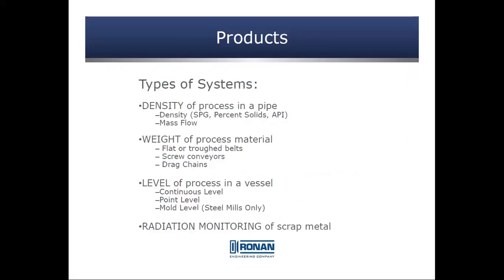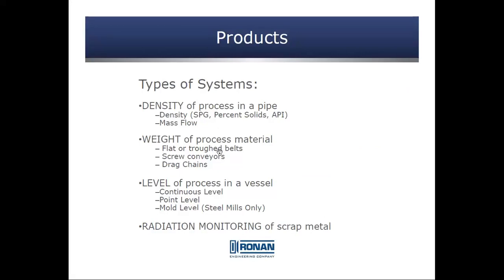So specifically the products that Ronan Measure has to offer, we offer density measurements, and that's on a pipe. So we're going to give an output of specific gravity, percent solids, API. We're also going to help with mass flow. To do mass flow, we need another signal input from a flow meter, and we'll combine that to give you mass flow.